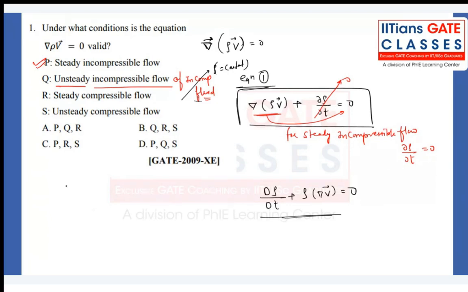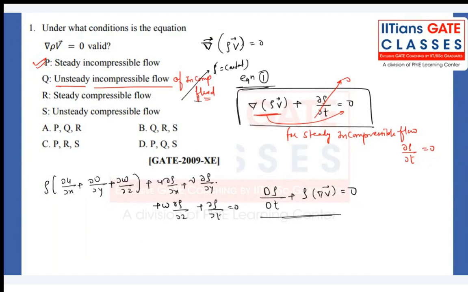See, what is the final equation we have? Rho into dou u by dou x plus dou v by dou y plus dou omega by dou z, plus u into dou rho by dou x plus v into dou rho by dou y plus omega into dou rho by dou z plus dou rho by dou t equal to 0.